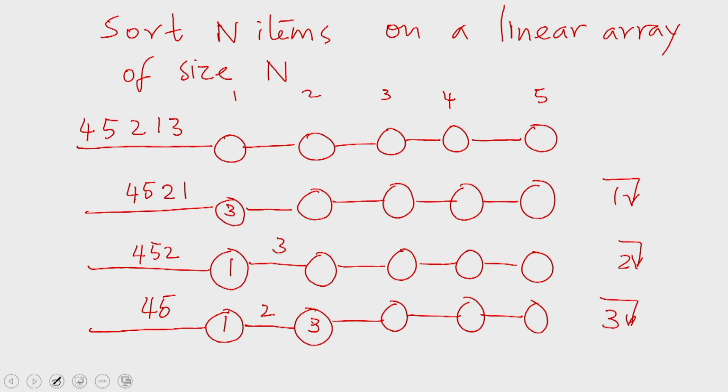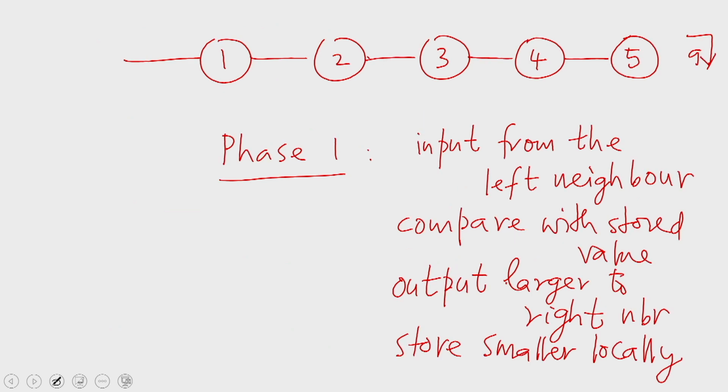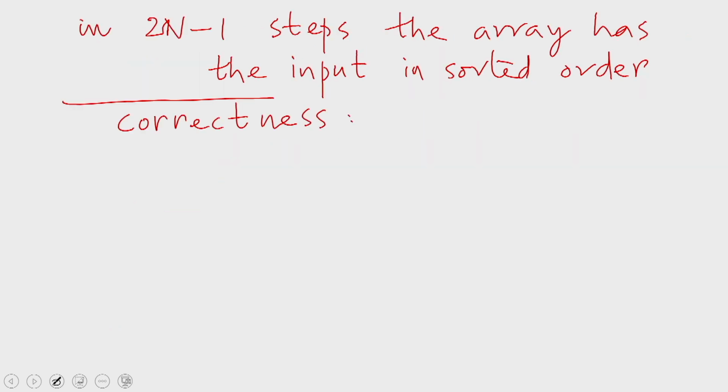So it initially stores 3, but later on when 1 comes in, it finds that 1 is smaller than 3 and retains 1 and sends 3 on to the next processor. The remaining elements are all larger than 1, therefore they will never be stored in the first processor. Therefore, we find that the leftmost processor looks at every single element but retains the smallest element with it.